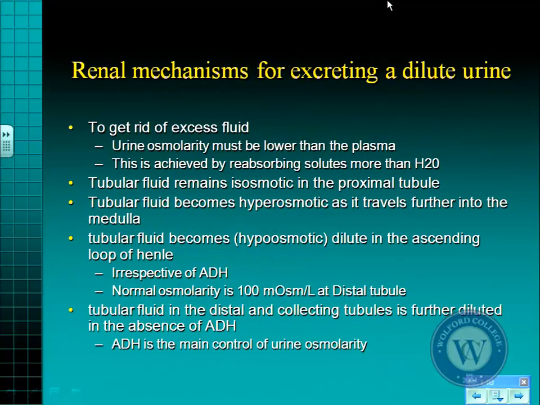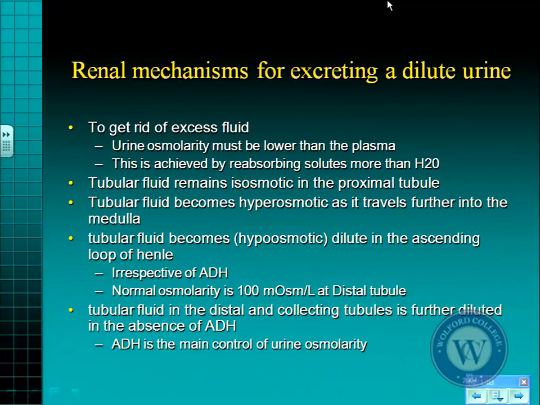Okay. Renal mechanisms for excreting a dilute urine. To get rid of excess fluid, urine osmolality must be lower than the plasma. This is achieved by reabsorbing solutes more than water. The tubular fluid remains isoosmotic in the proximal tubule, which you already know. Then the tubular fluid becomes hyperosmotic as it travels into the medullary area through the loop of Henle.